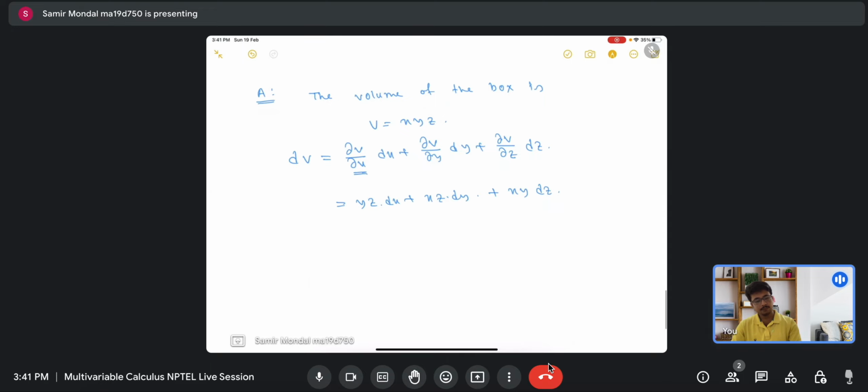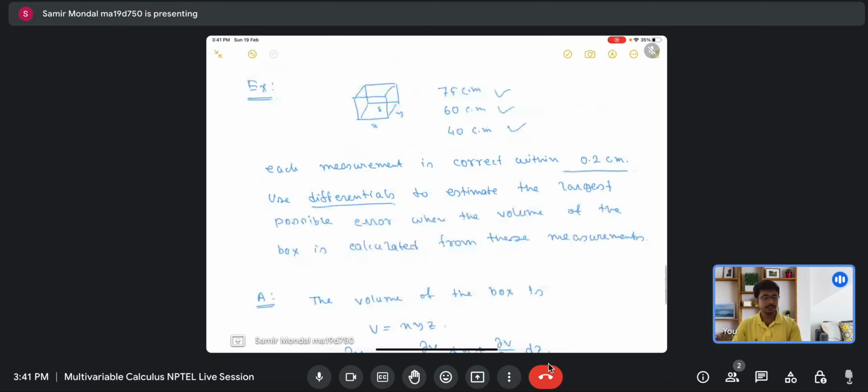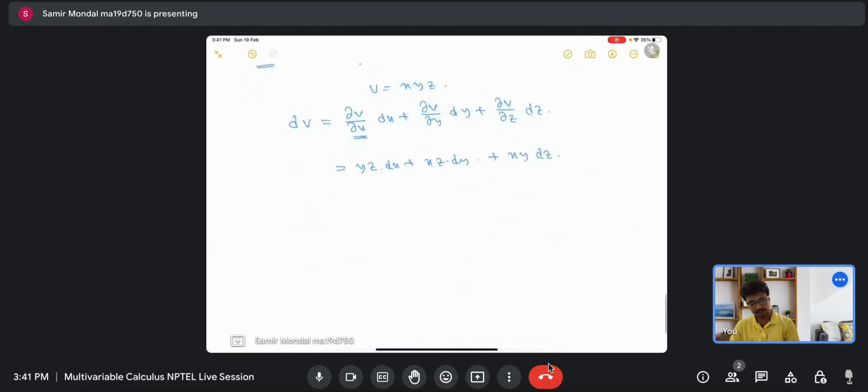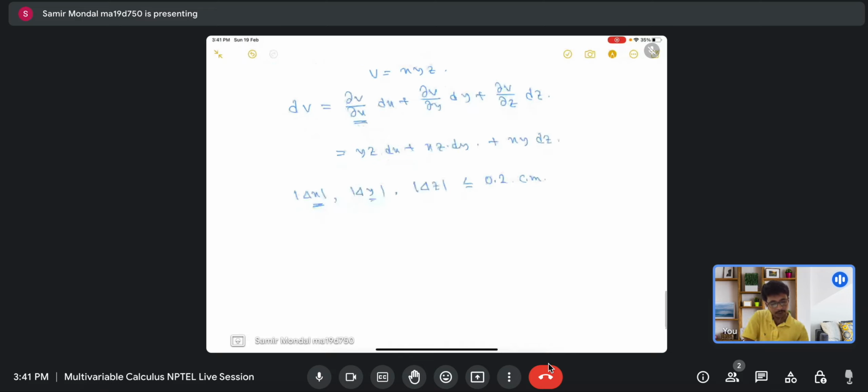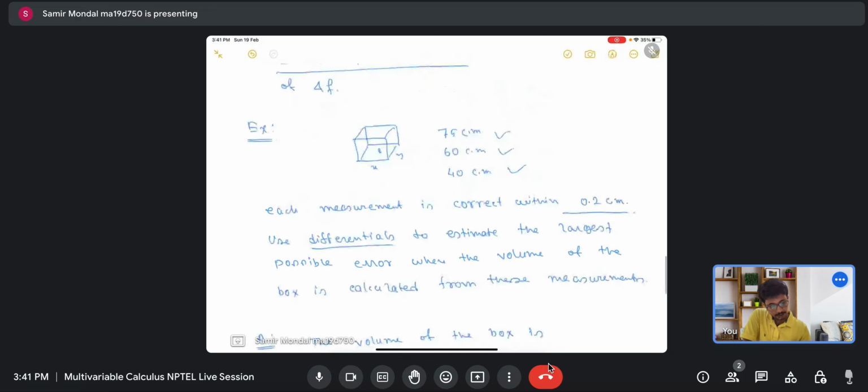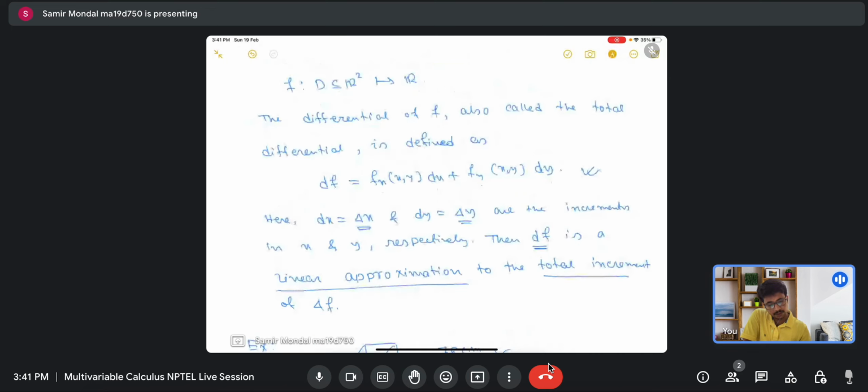What is provided is that the measurement is correct within 0.2. So the increments in x, in y, and in z are all less than 0.2 cm. This is given. And we already know that the total differential is a linear approximation to the total increment.